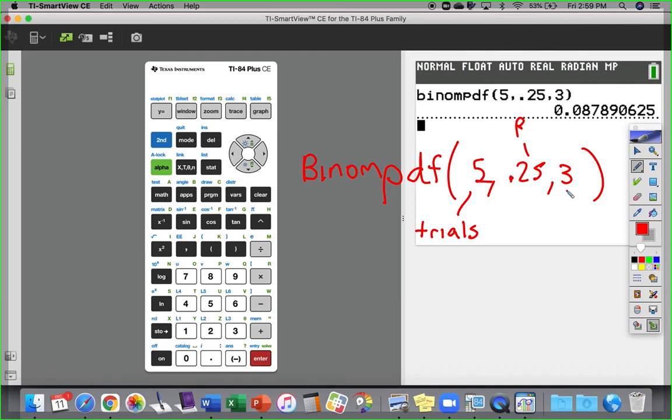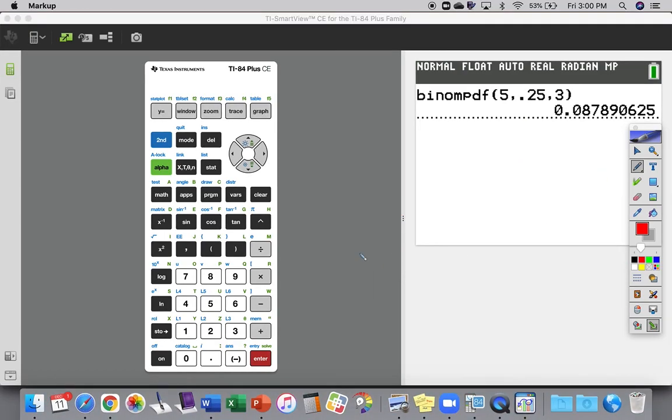And then the number of successes, 3. Label your work. And now again, what happened here? When I wanted exactly a number, meaning exactly 3 successes, it was binomial PDF.